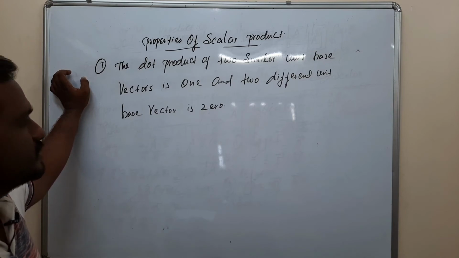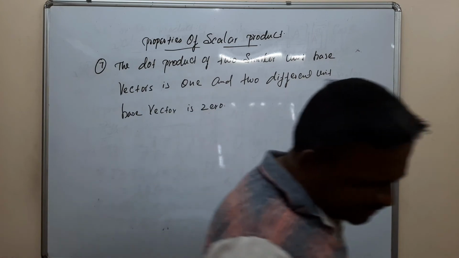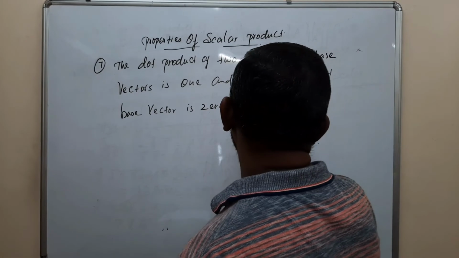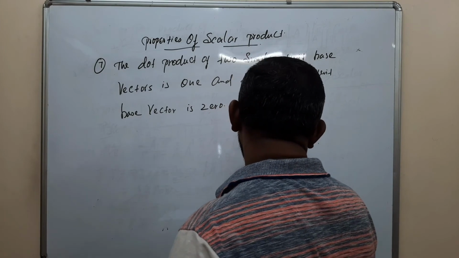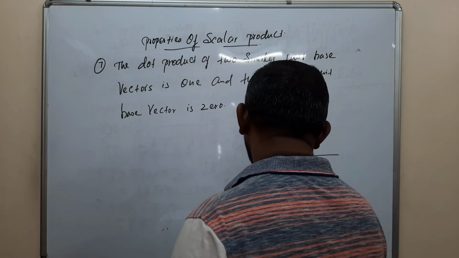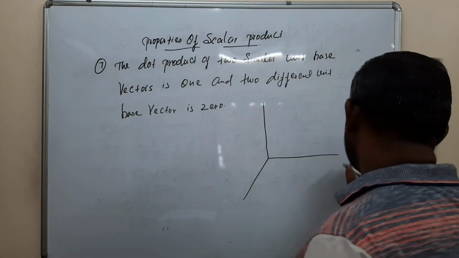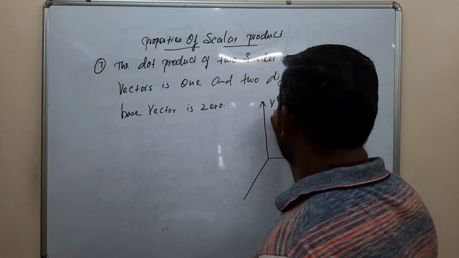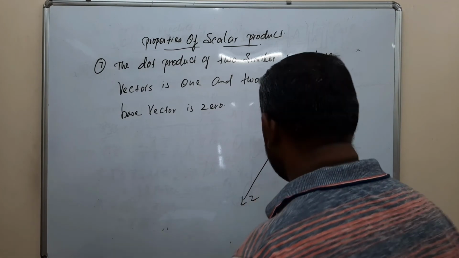What is meant by unit base vectors? That is orthogonal unit vectors in a rectangular coordinate system. This is the x-axis, this is the y-axis, and this is the z-axis.